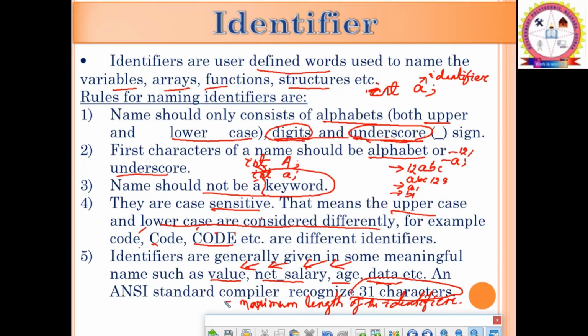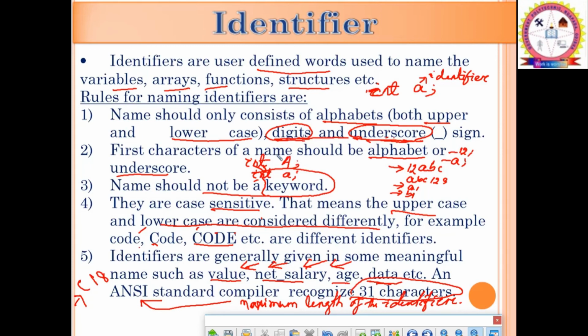The latest standard is C18, and the C18 standard compiler does not give any limit. We can use as much length as possible. But as per the ANSI standard, it recognizes up to 31 characters, which is the maximum length of an identifier.